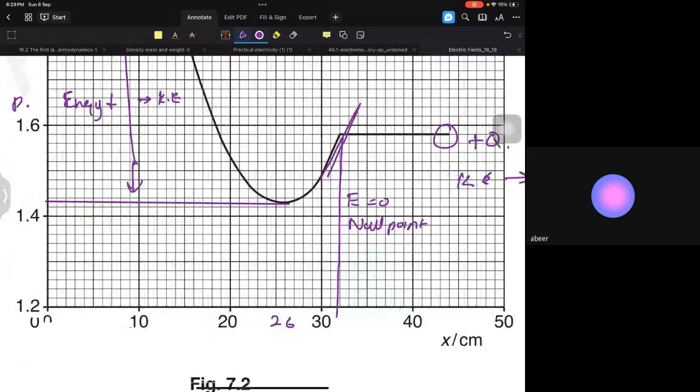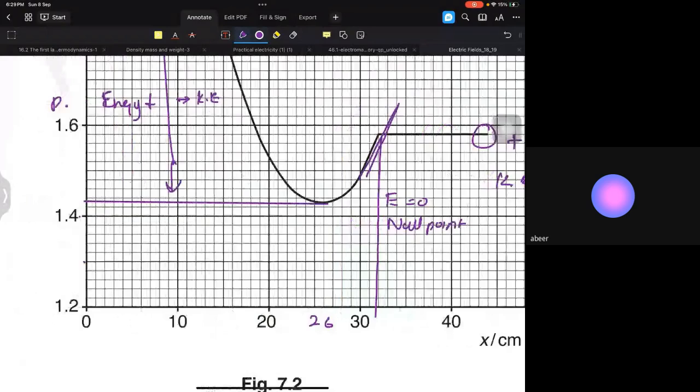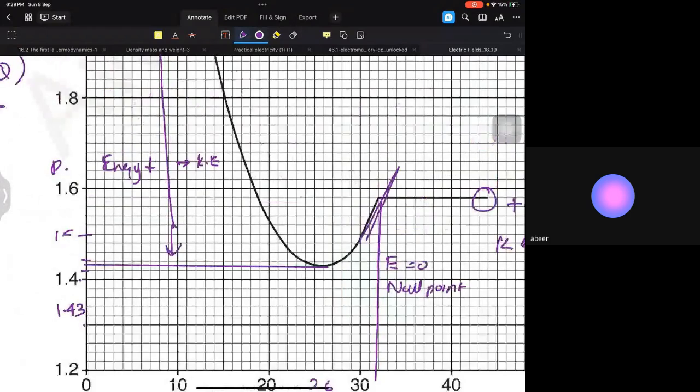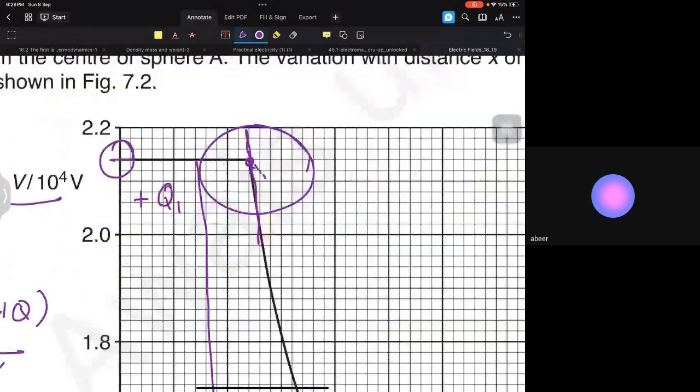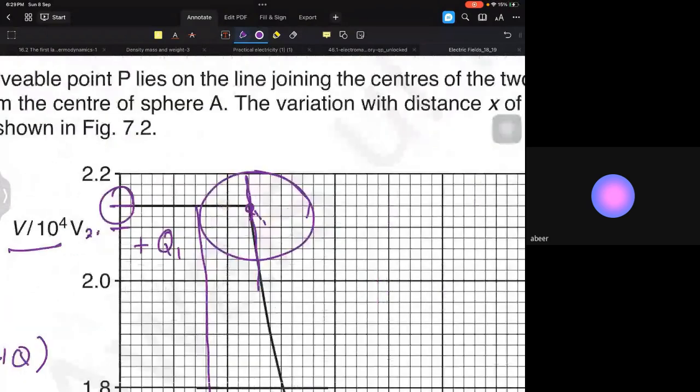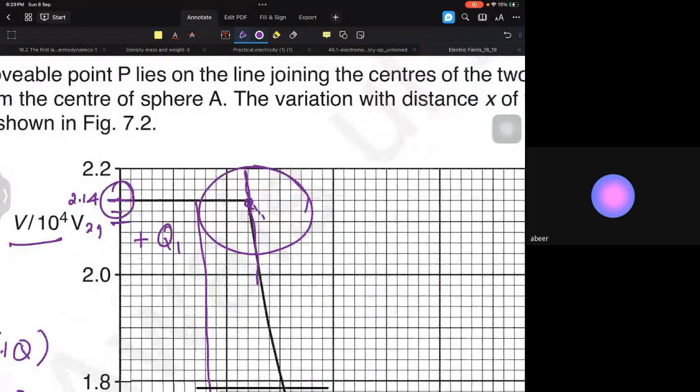I think if this is 1.2, 1.4, this is 1.5, so this will be 1.43. And at this spot, the potential is 2.14, well, that's fine.